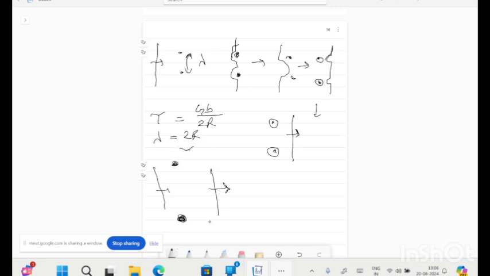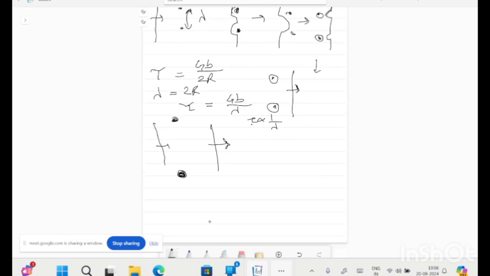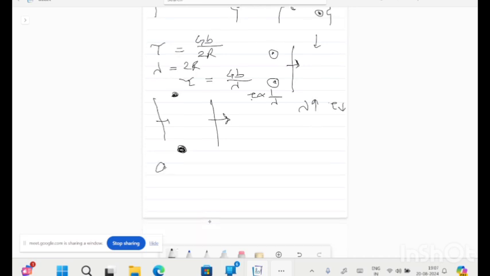So the stress can be written as Gb by lambda. So tau is inversely proportional to lambda. As lambda increases, the stress to bend the dislocation decreases, and the strengthening will be low as the interparticle distance is high. So as lambda increases, tau decreases. This phenomenon is called Orowan coarsening.